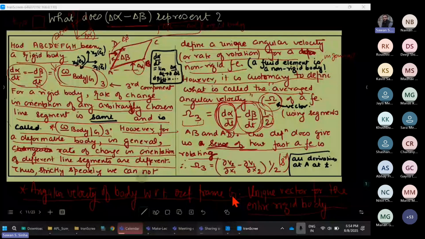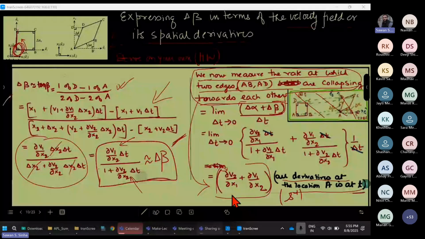And that's why in fluid mechanics, we do talk about this quantity also, omega 3. In this case, only the third component I'm talking about. And that will turn out to be the way I have defined it here. It will turn out to be del V2 del X1 minus del V1 del X2, divided by 2. How do I get this? The derivation is very simple based on what we have seen already.